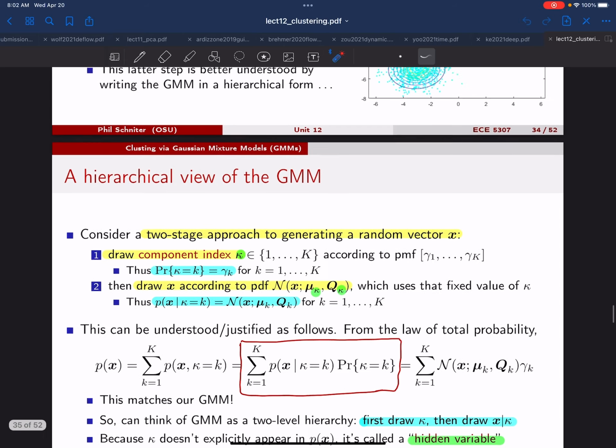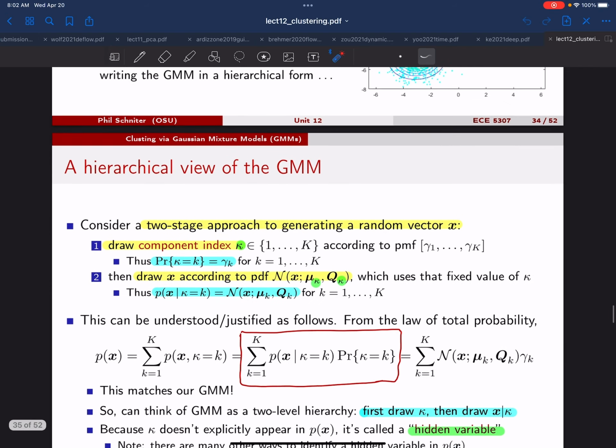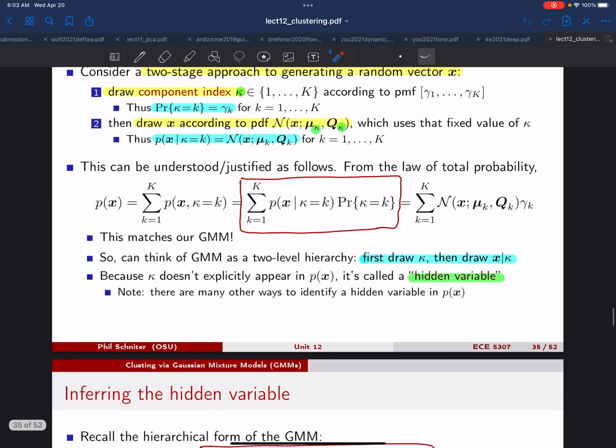So it's a nice way to think of this as a two-stage process. First, there's a random variable that tells you which of the clusters you're in. Second, given that you're in a certain cluster, you have just a Gaussian with a mean and covariance. We're going to call kappa that hidden variable.